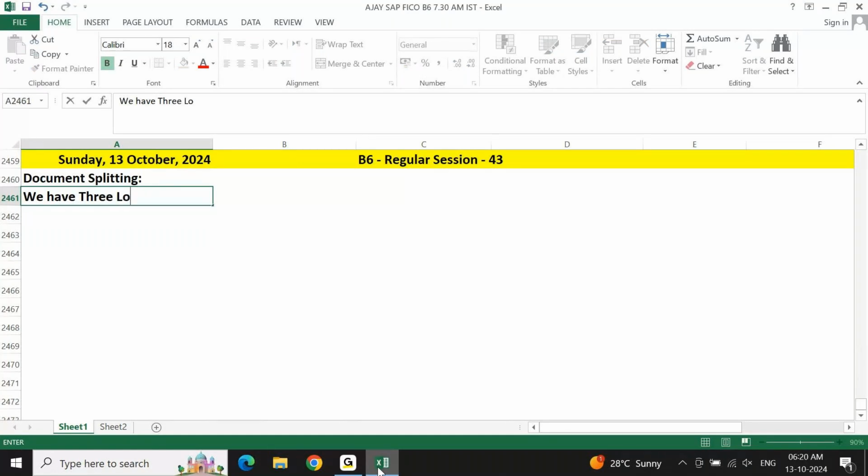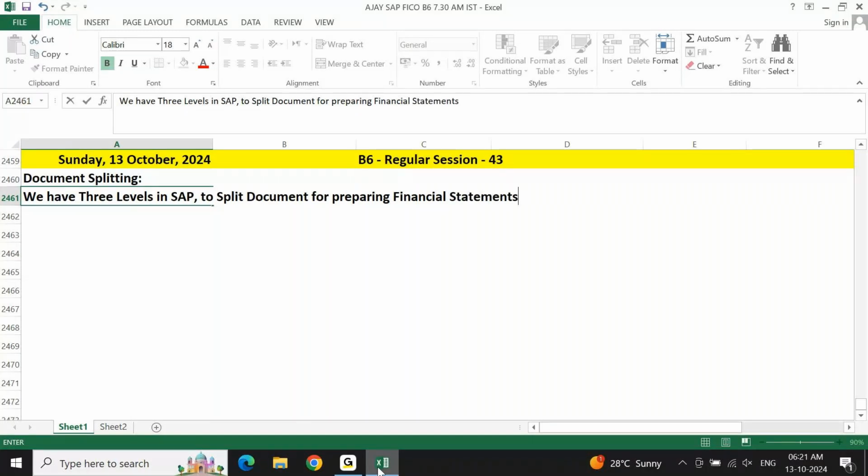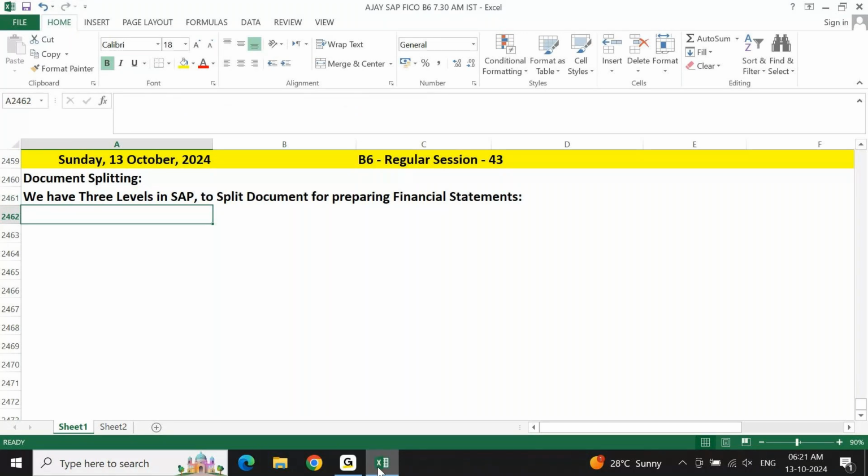We have three levels in SAP to split a document for preparing financial statements. Now, the first one is your profit center.